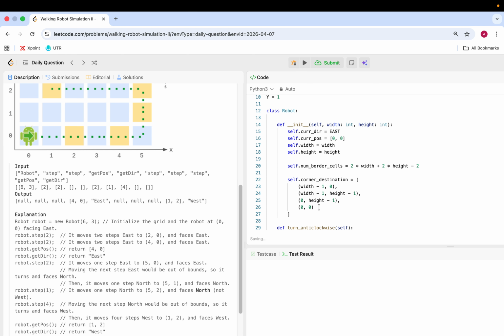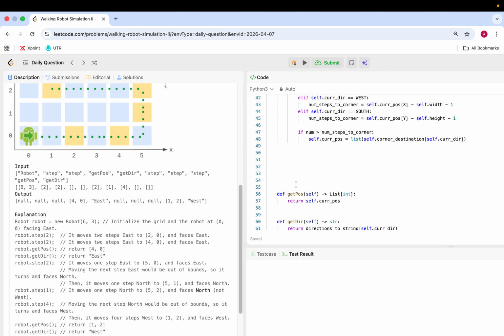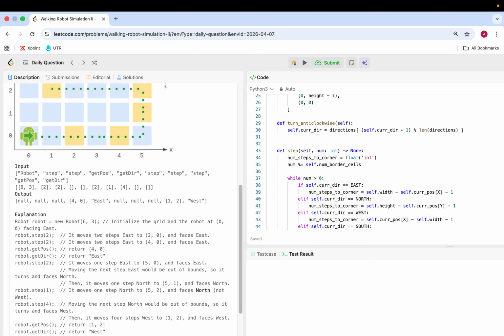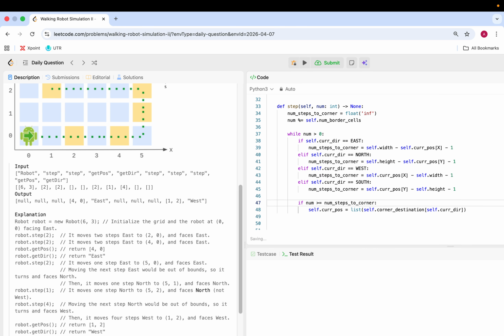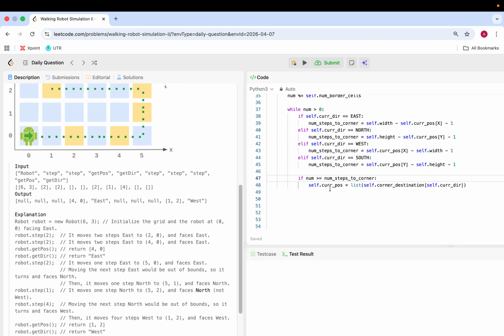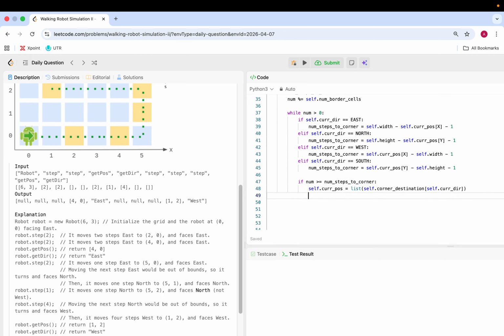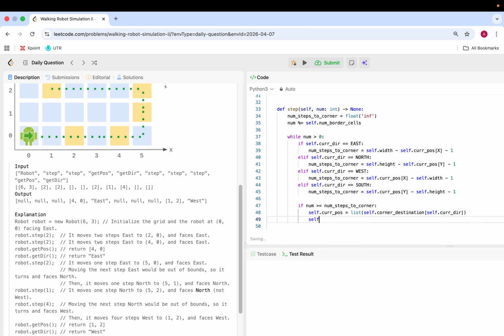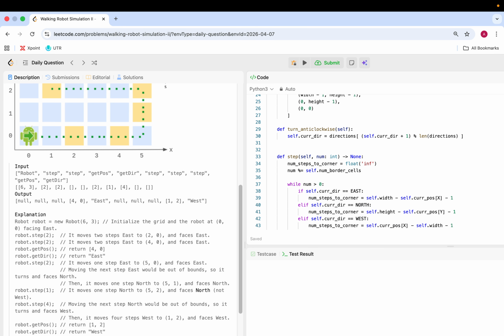I've lined them up, right? So if your direction's going east and you definitely will reach the corner, then happy days. I should say greater than, listen to that one, right? Yeah. So you set the current position, and you can also run the self.turn_anti_clockwise, because you know you're going to turn.